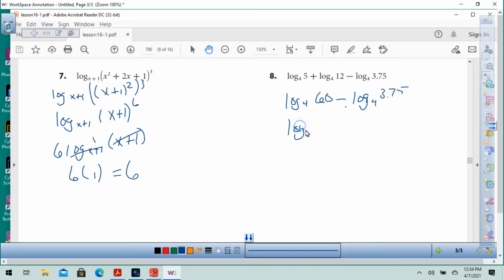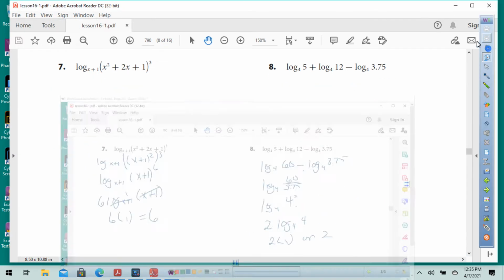I've got log base 4 of 60 divided by 3.75. Well, that's going to be log base 4 of 16, and 16 happens to be 4 squared. So that's going to be 2 log base 4 of 4, which is 2 times 1, or 2. Not bad, not bad. So what do we have here?